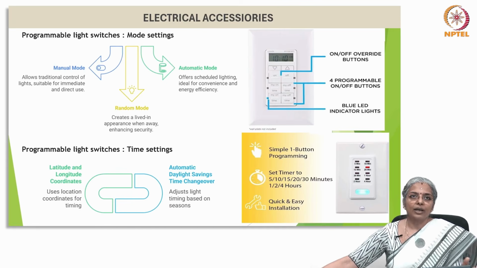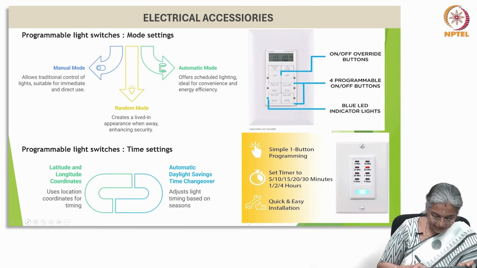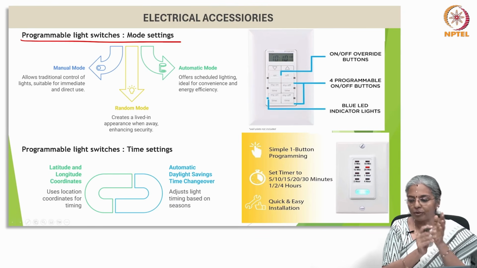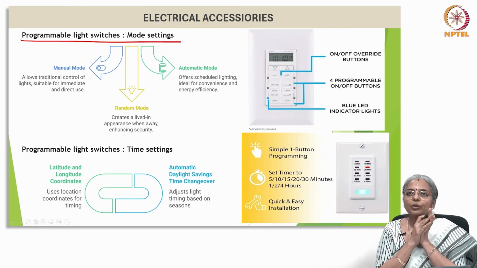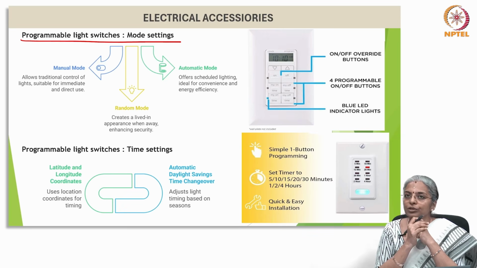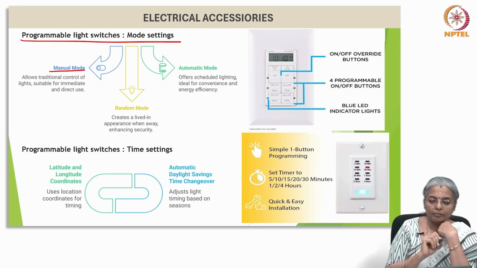Then let us look at the programmable light switches mode settings. What are the mode settings of programmable light switch? So, the mode menu or setting allows us to choose how we want the lights in the house to function, and they include a manual mode.